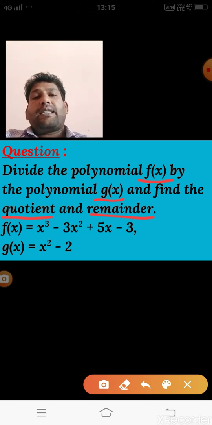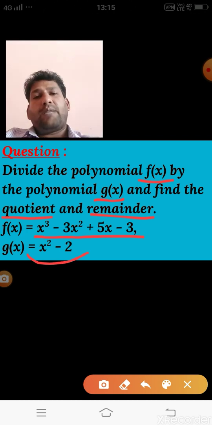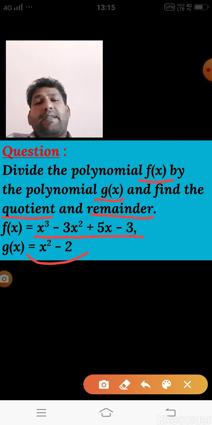The function f(x) is given as x cube minus 3x square plus 5x minus 3, and g(x) I am taking as x square minus 2. This question is from your NCERT book, exercise 2.3, question number 1, part 1. We have to find the quotient and remainder when we divide f(x) by g(x).